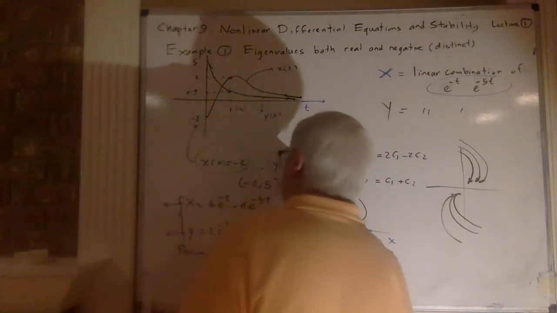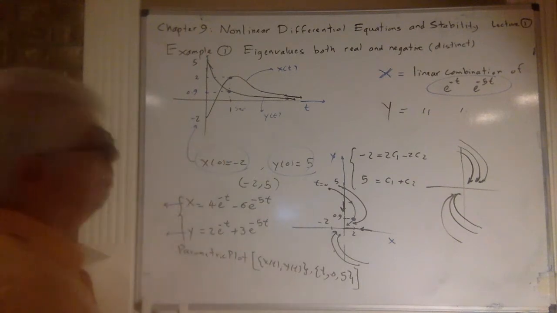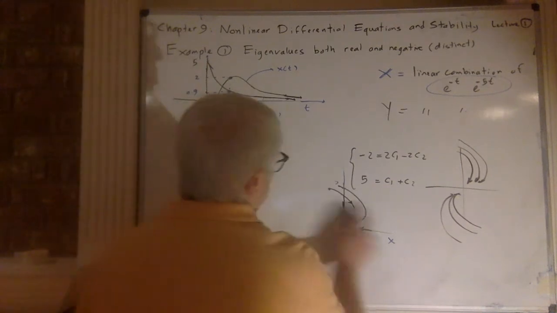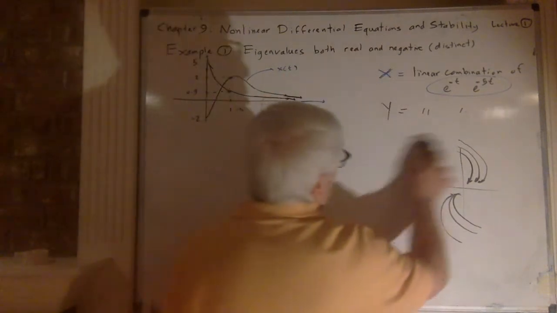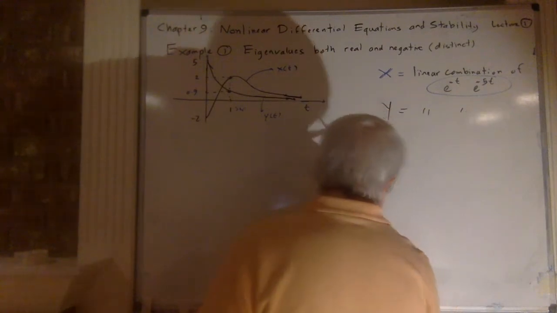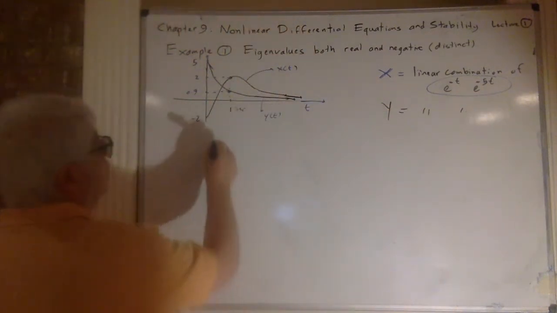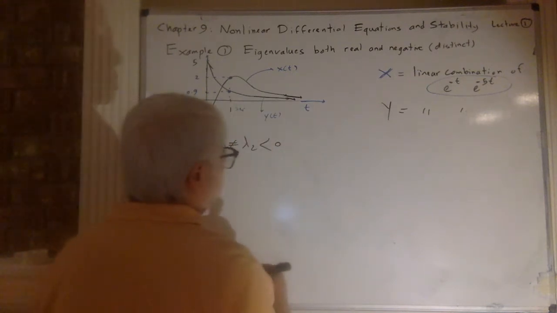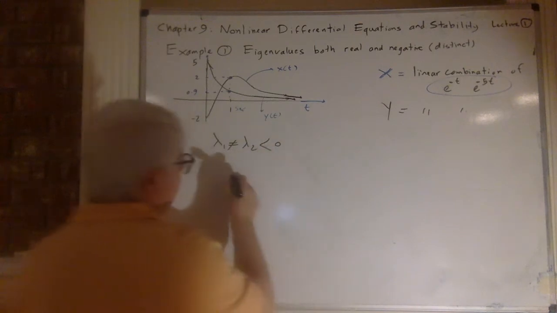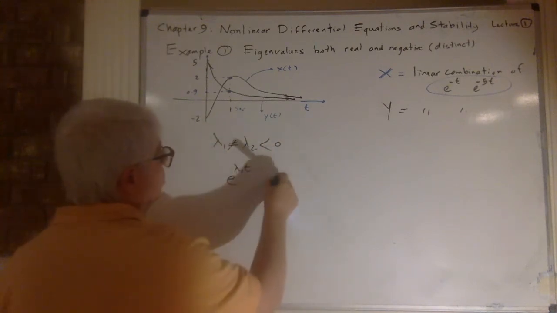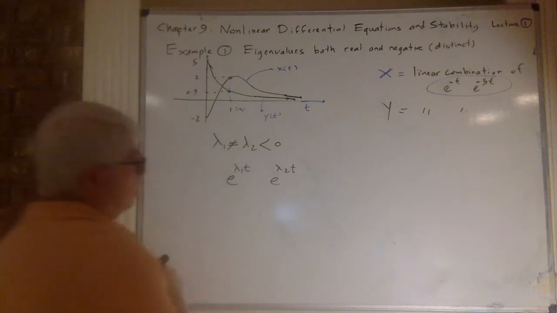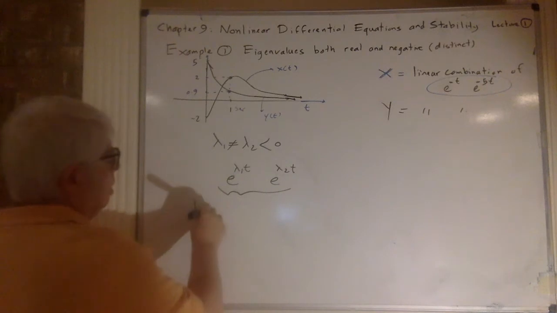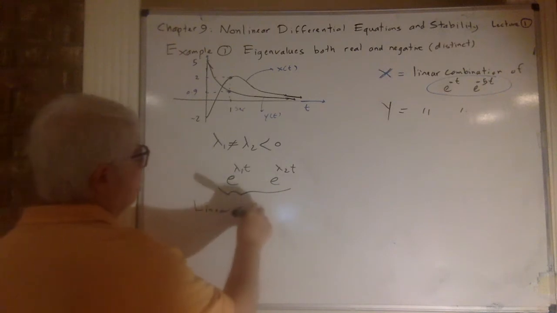So in general, if the two eigenvalues are negative, lambda 1 is not equal to lambda 2 and both are negative, then I have e to the power lambda 1 t and e to the power lambda 2 t, and solutions are linear combinations of these two.